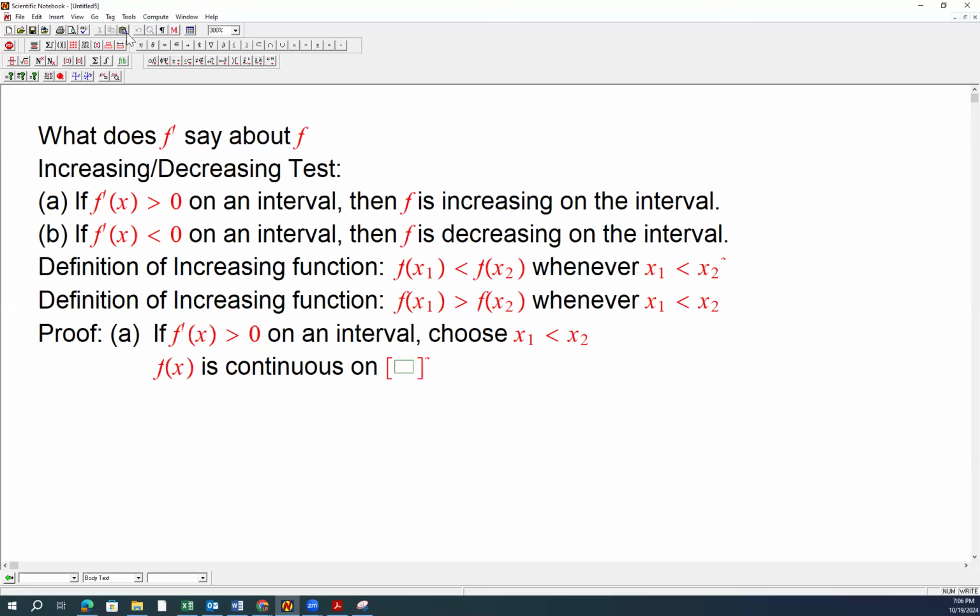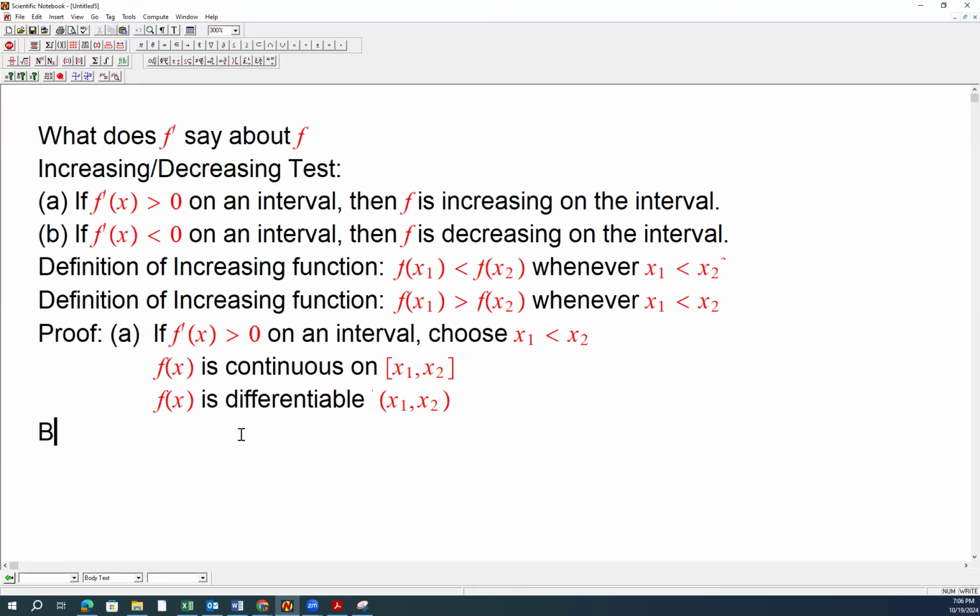And f is certainly differentiable on the open interval (x1, x2). So we basically created an interval on which we can apply the mean value theorem. Both conditions are satisfied on this interval.